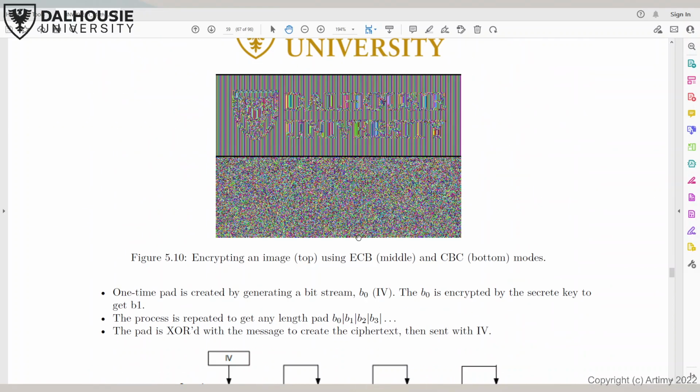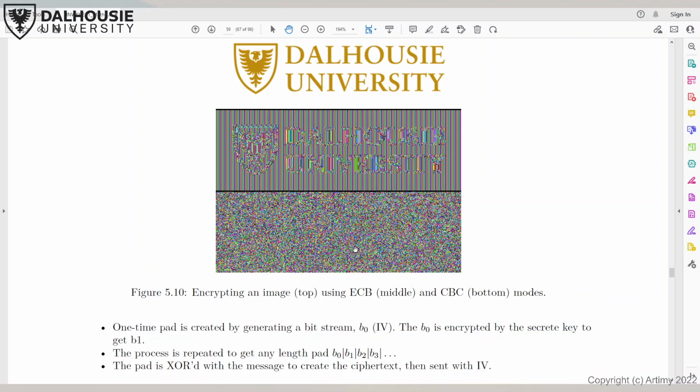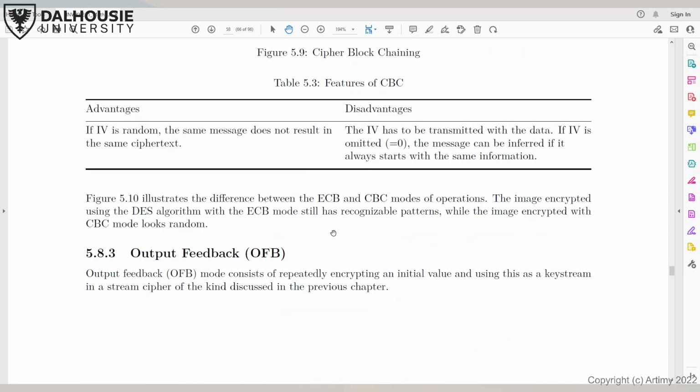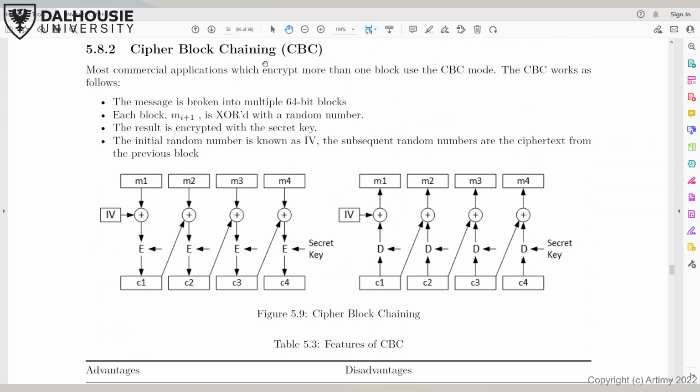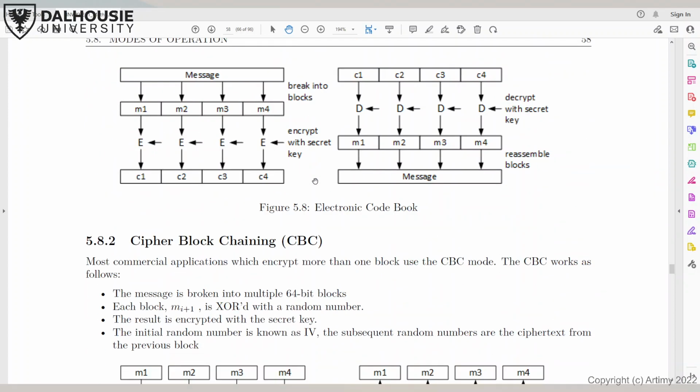For the second one we cannot relate anything, we cannot even know if this is an image or not. For all we know, it's just random bits, which means that CBC is a far more superior mode of operation.